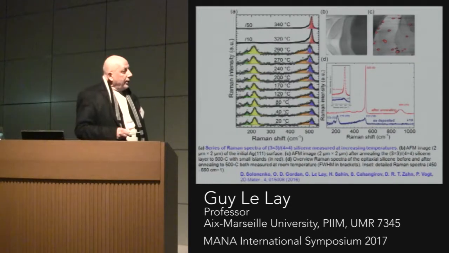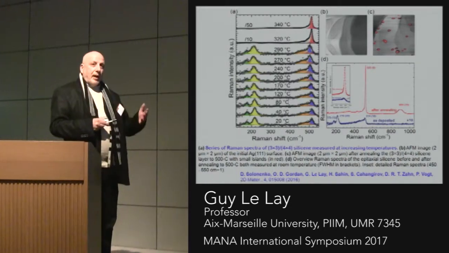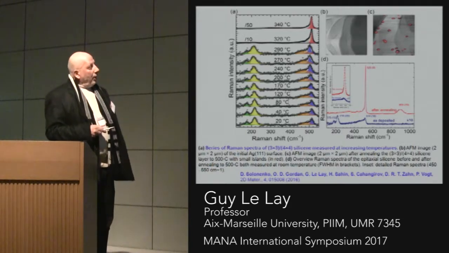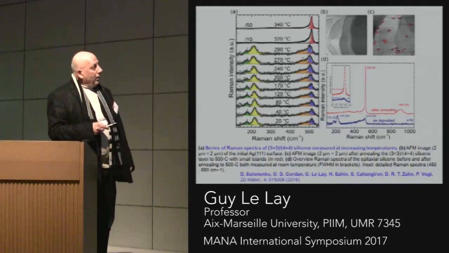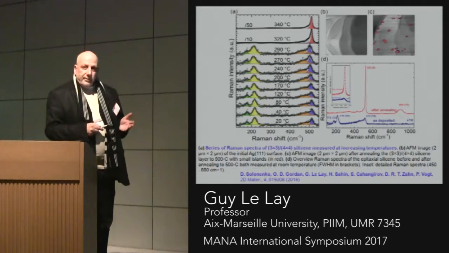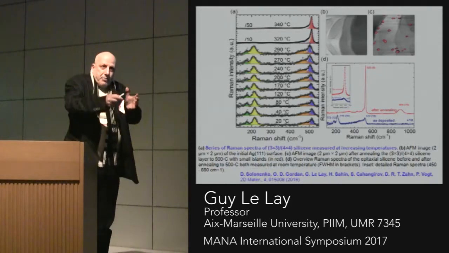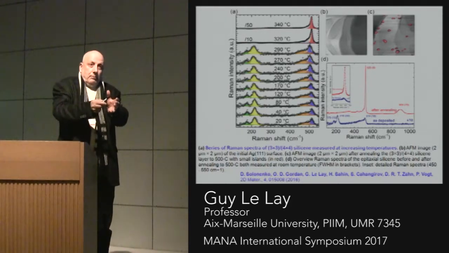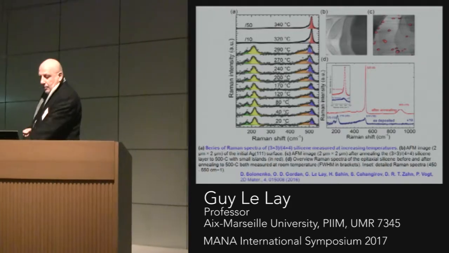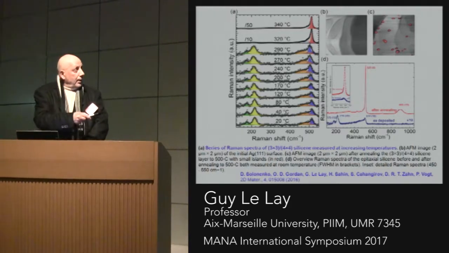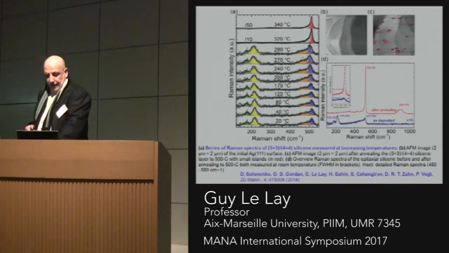And we could also look at the phase transition to look at the stability. This monolayer is stable up to around 300 Celsius. And then it collapses into silicon 1x1 crystallites, small crystallites, which are seen in AFM.